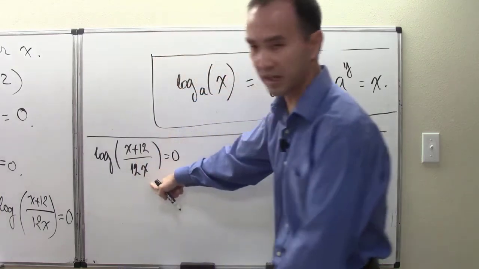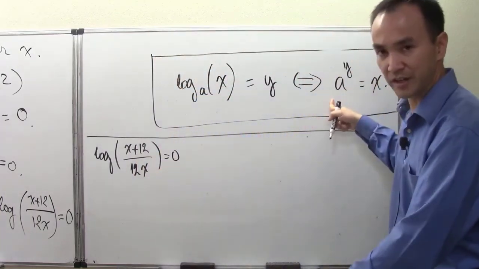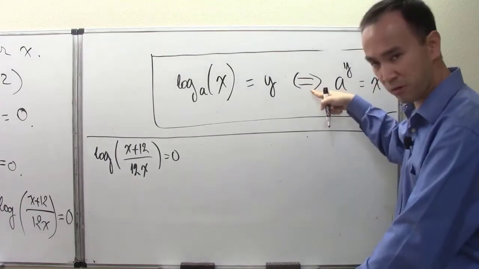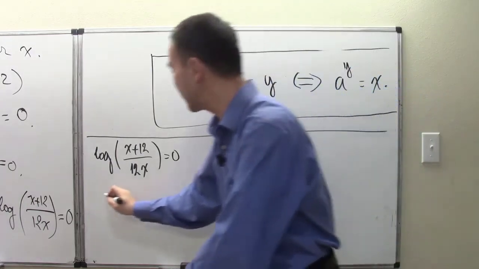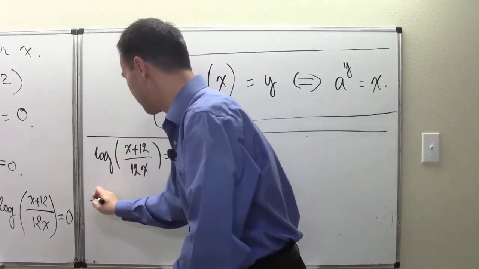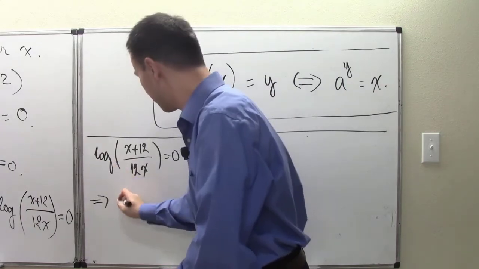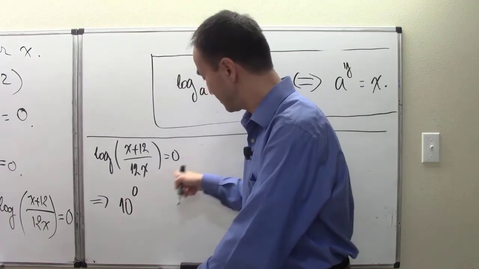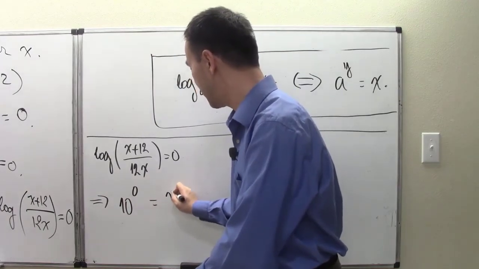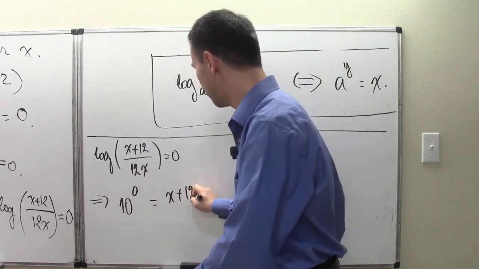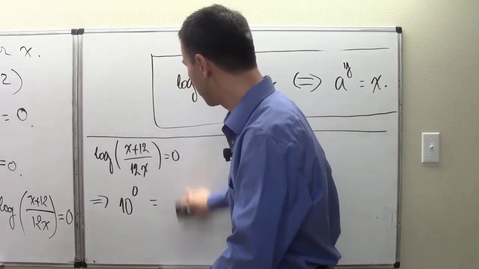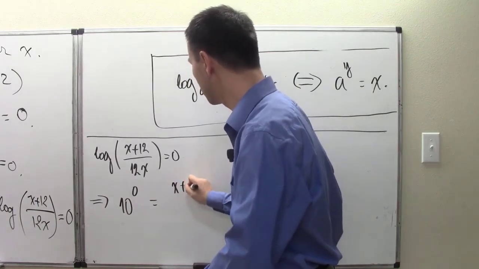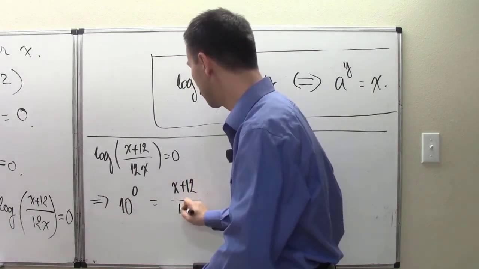Applying this property to our equation, I can rewrite it as base 10 to the 0 power equals x plus 12 over 12x.